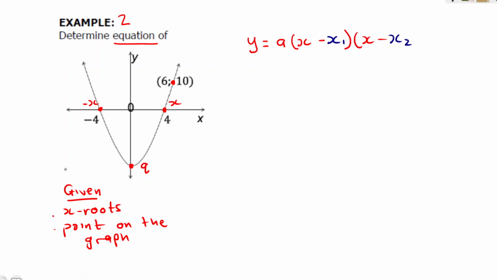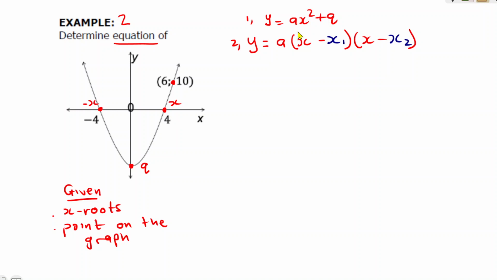So this is the formula that we are going to use to find the equation of this graph. For the previous question, we used this form, y is equal to ax squared plus q. But in the current example, we don't use this formula. We use this one for example 1. So for this particular example, we have to use this method.